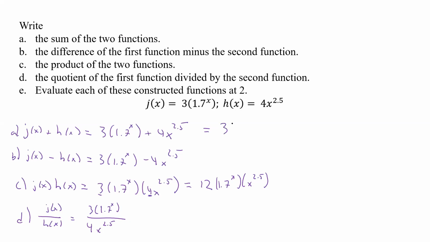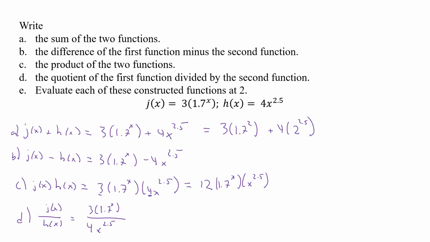So 3 times 1.7 squared, and then plus 4 times 2 to the 2.5. I'm just going to type this into my calculator directly. I'm not going to switch back and forth because I'm pretty sure you can type these into your calculator at this point.